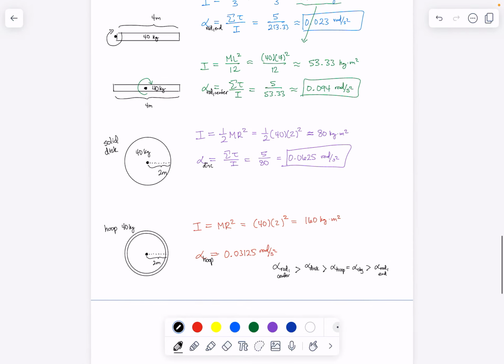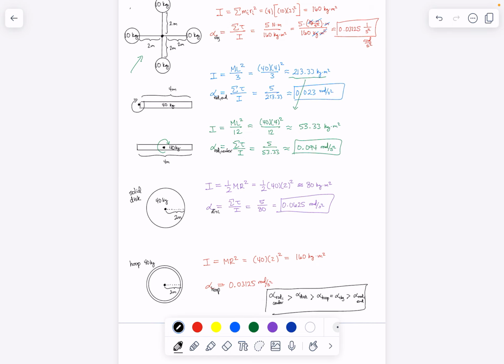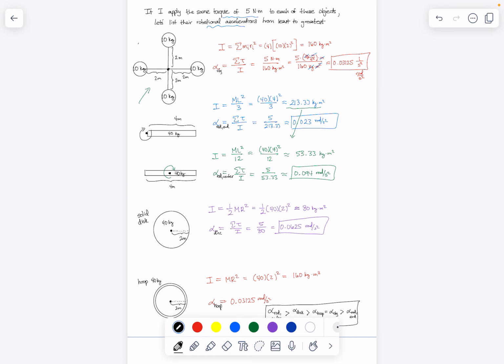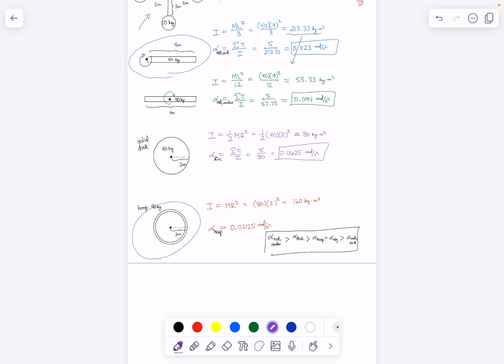So you actually could have predicted this entire lineup if you just thought about which of them has more mass concentrated farther away on average from that axis of rotation. And if you think about it long enough, it should be obvious that this one is the one with the mass pulled out away from the center farther, right? It's not going to be the hoop, actually, because think about it.